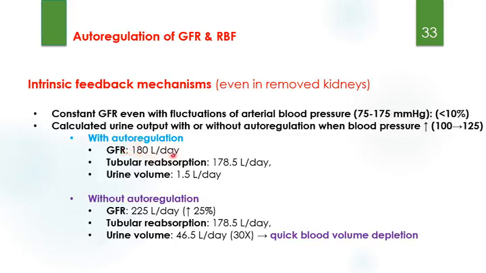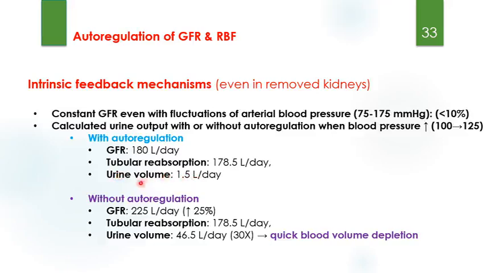GFR will be maintained at the normal level, 180 liters per day. Tubular reabsorption is about 178.5 liters per day. More than 99% of this filtered fluid will be reabsorbed, and just 1.5 liters per day will be eliminated as urine from the body.